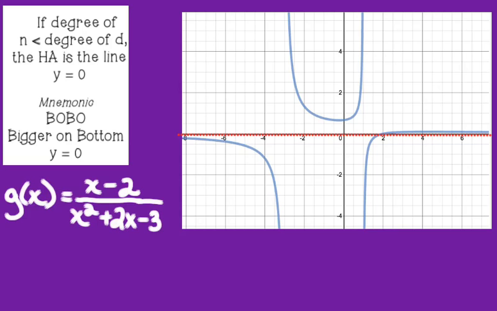Unlike vertical asymptotes, which you can never cross through because it creates an undefined fraction at those vertical points, you'll notice over here that this graph actually did cut through that horizontal line slightly.